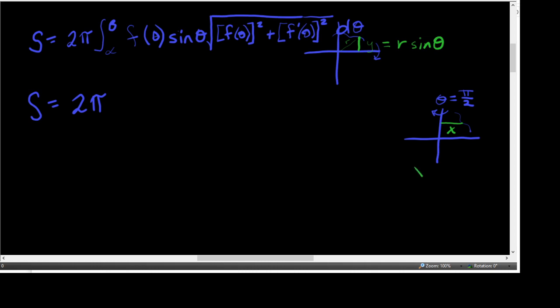And if you'll recall, x is r cosine theta. And in this formula for r, to avoid confusion, we're using f of theta to make really sure everybody knows what's what.